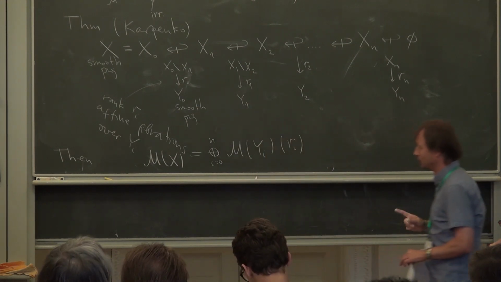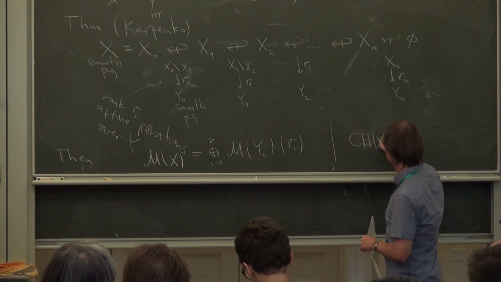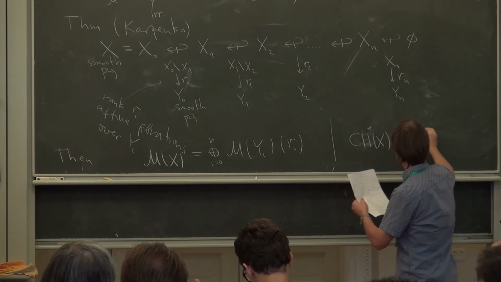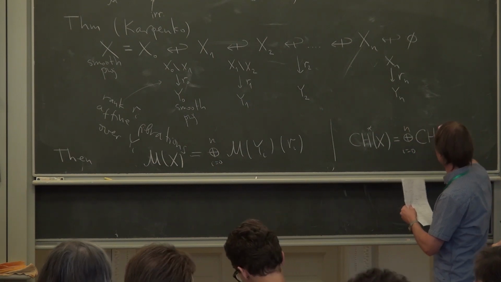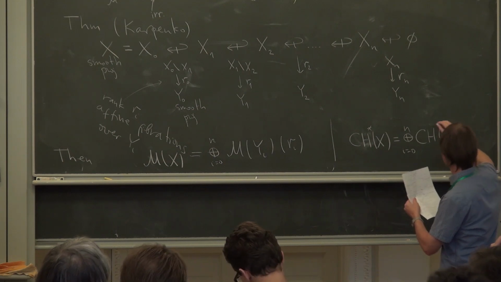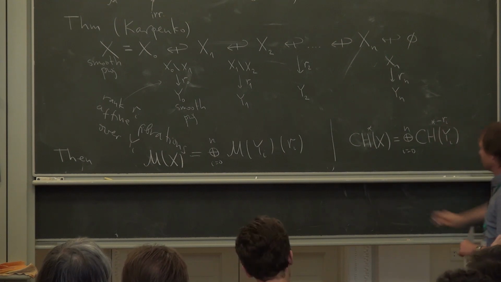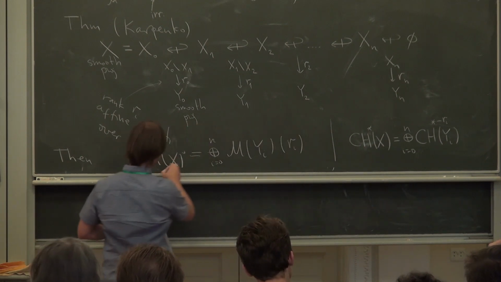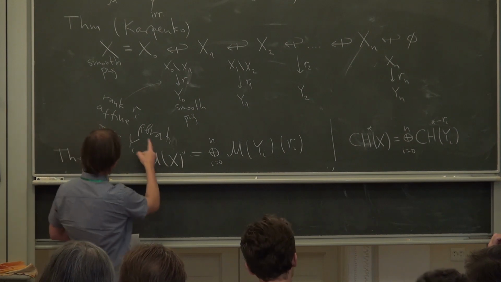Just compare this formula with the analogous formula for the Chow group of X. The Chow group of X is a direct sum of the Chow groups of Yi shifted by minus Ri. Of course, this formula is stronger, because this is a formal consequence of it when you take realizations.